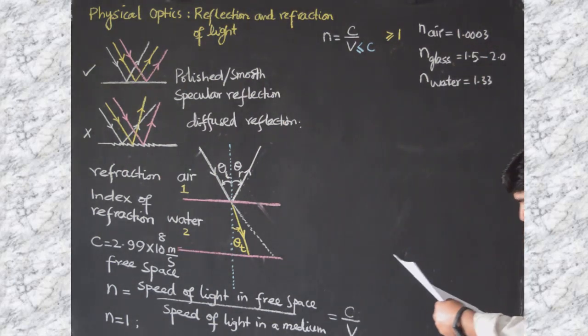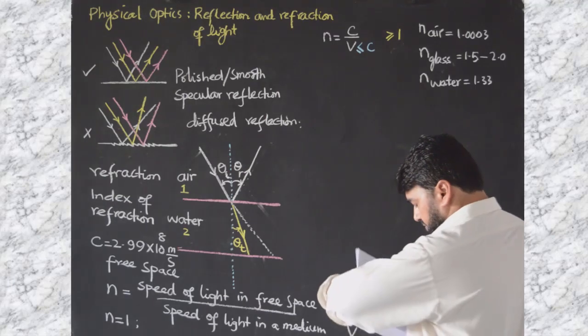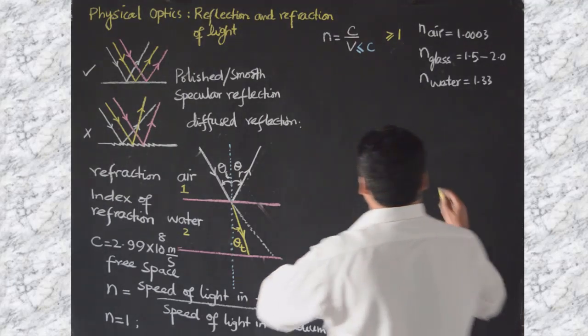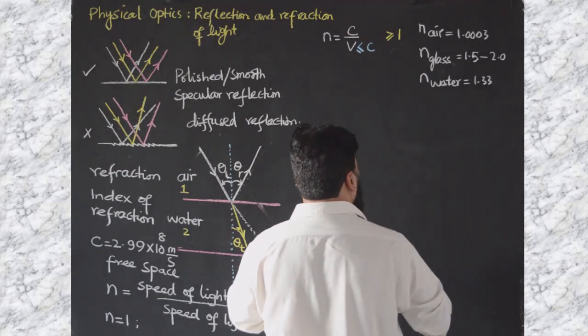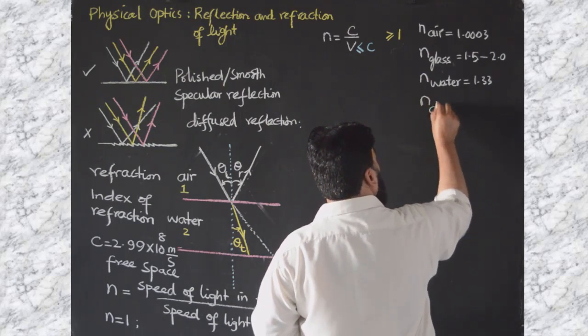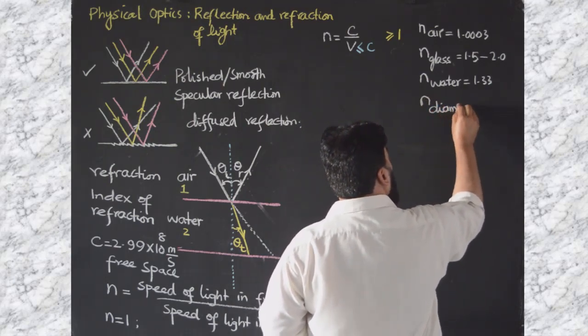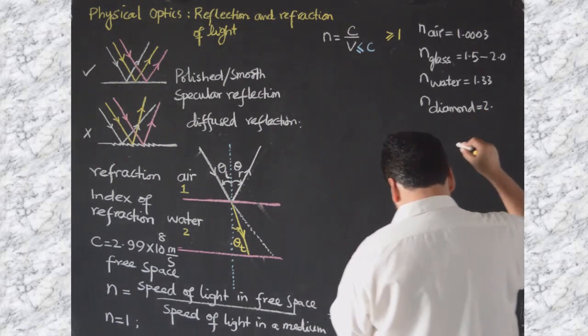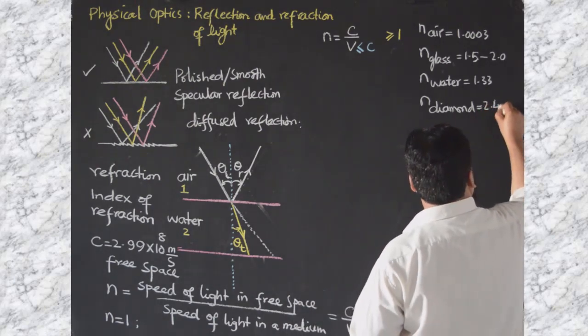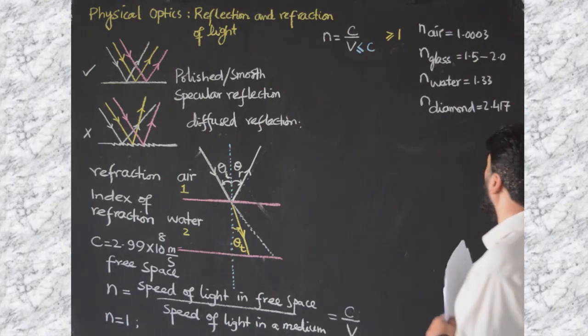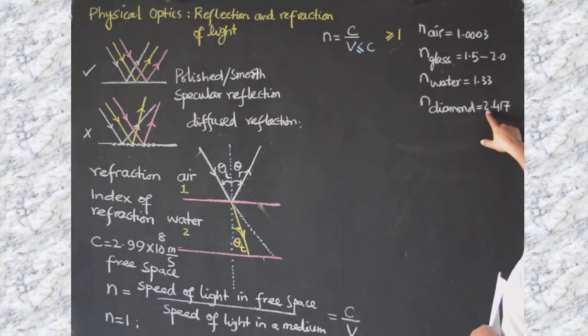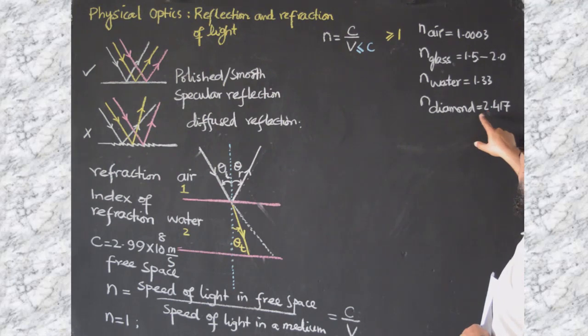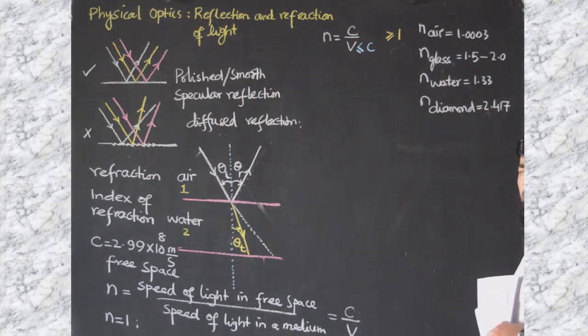And the maximum index of refraction we have is for diamond, equal to 2.417. So in diamond, we experience a very, very slow speed of light.